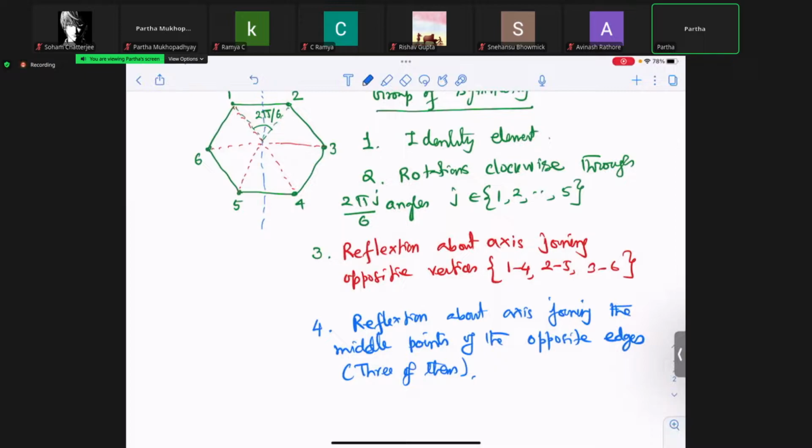So we will use Burnside's lemma: for every member of this group of symmetry, we compute the fixed points, add them, and divide by the group size. So what is the group size? This is 1, and there are 5 rotations here. So there are 3 plus 3: 3 reflections about axes joining opposite vertices, and 3 about axes joining the midpoints of opposite edges. So 1 plus 5 plus 6 is 12. So the size of the group of symmetry is just 12.